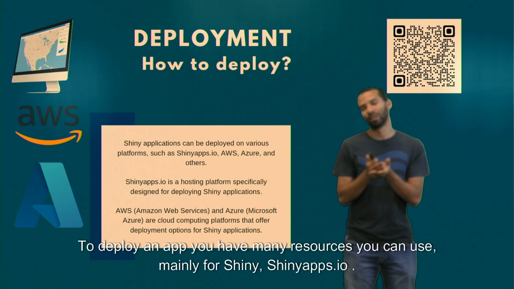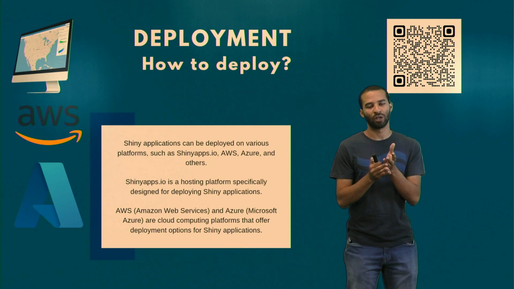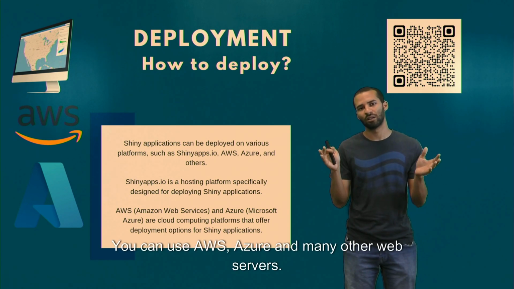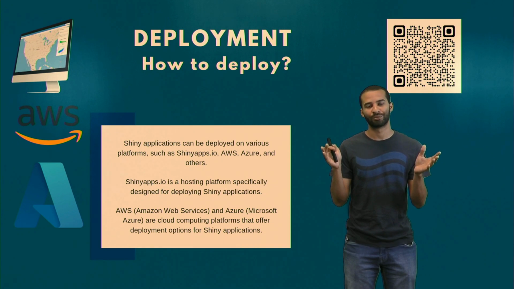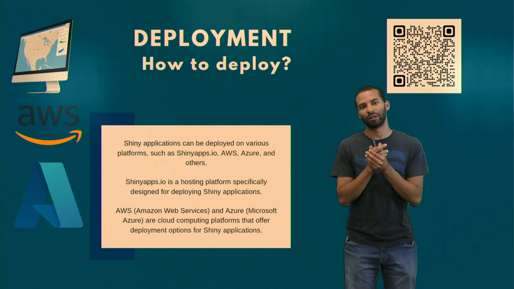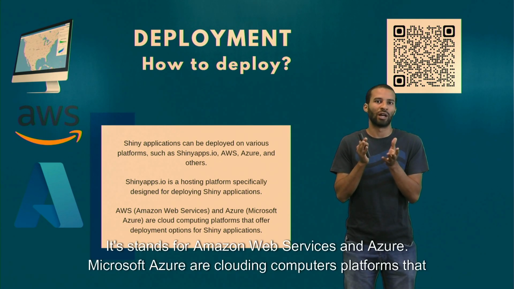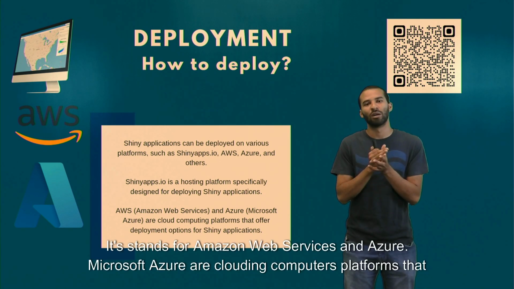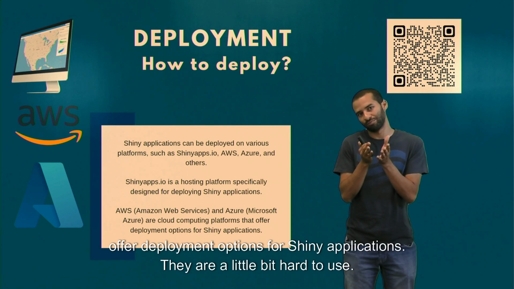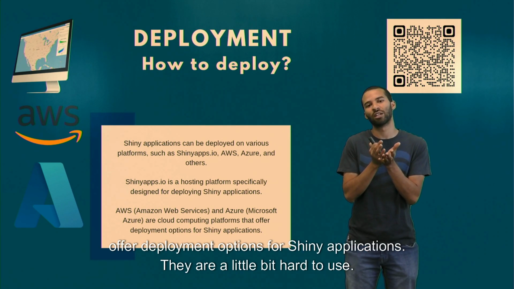To deploy an app, you have many resources. For Shiny mainly, you can use shinyapps.io. You can use AWS, Azure, and many other web servers. AWS stands for Amazon Web Services, and Azure, Microsoft Azure, are cloud computing platforms that offer deployment options for Shiny applications.